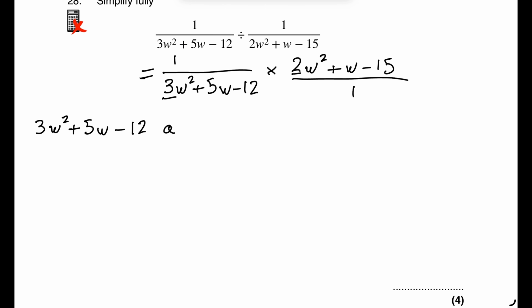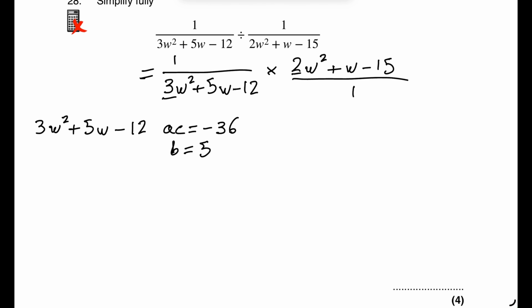Well, AC, so A times C, that's 3 times 12, so that is negative 36. B is 5. So I need two numbers that multiply to give me negative 36 and add to give me 5. Now, that would be 9 and minus 4.